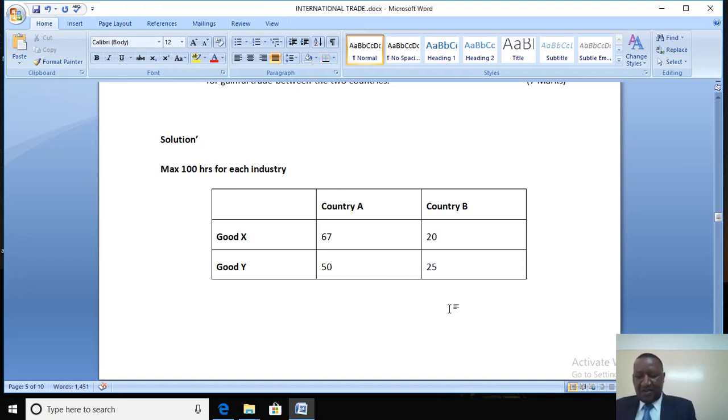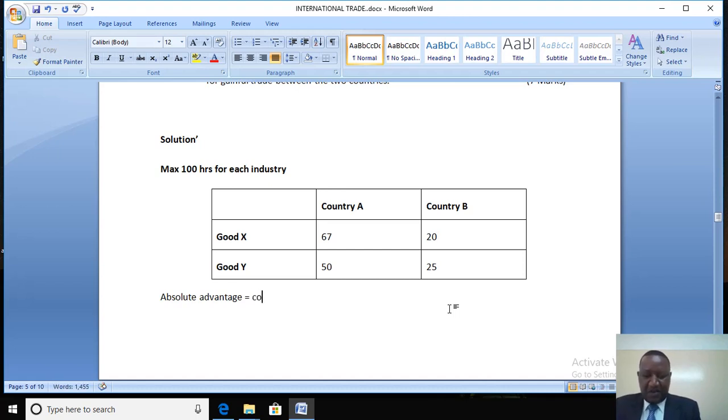So in terms of absolute advantage, is there gainful trade? Absolute advantage. So you say in terms of absolute advantage, country A is better in the production of both goods.